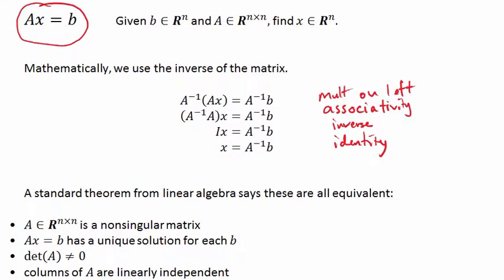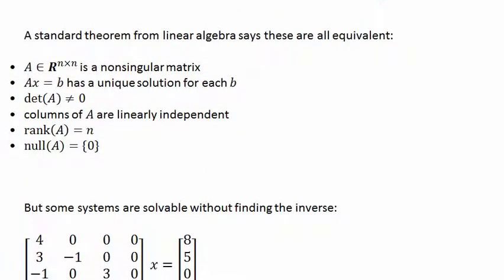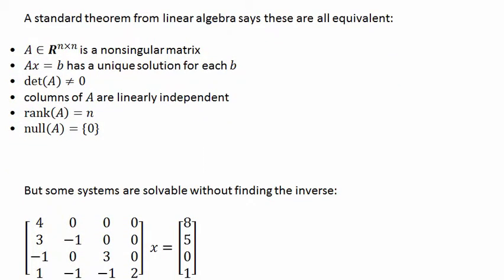Now throughout an elementary linear algebra course, usually there's this long theorem that's built up that has a bunch of equivalent statements, so you might have seen these before, maybe some others as well. So we know that a square matrix A is non-singular.